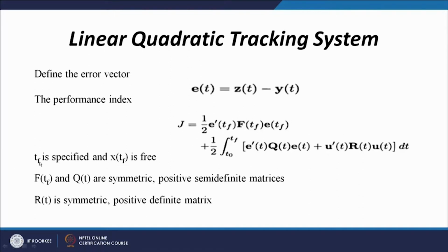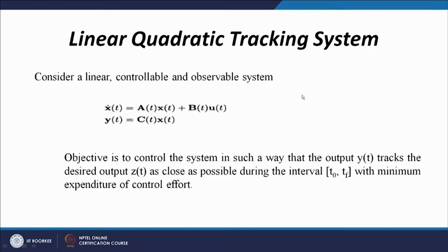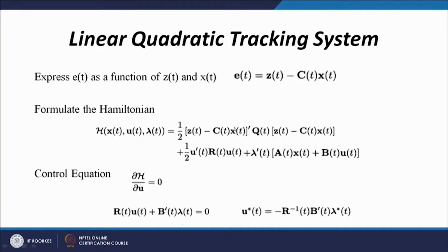Here T f is specified and x of T f is free. For this system we define E as z minus y, and y is nothing but C x, so I can define E as z minus C of t x of t.